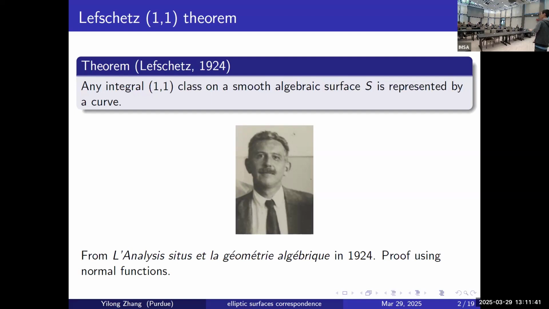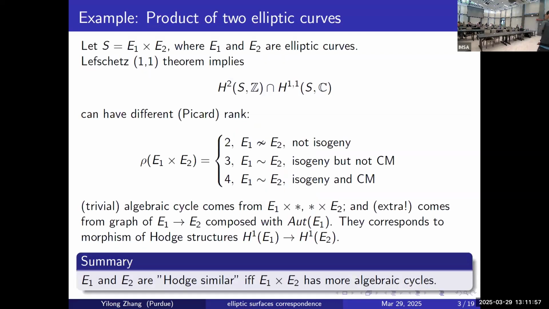I still remember that as a graduate student, presenting this proof of the Shioda-Inose theorem would be my oral exam. So let's try to understand the Shioda-Inose theorem in a particular case.